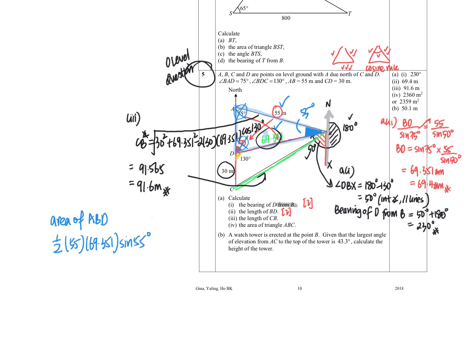The next one is the green one. Let's call it BCD. So half AB sine of the angle in between. So 130.